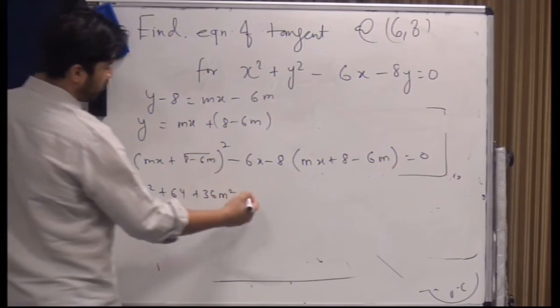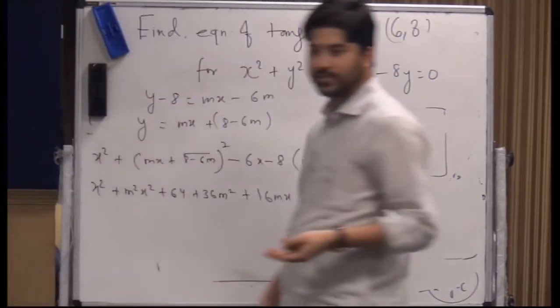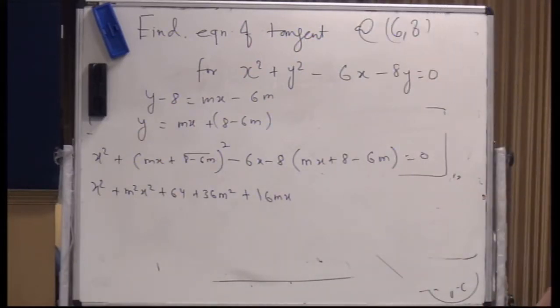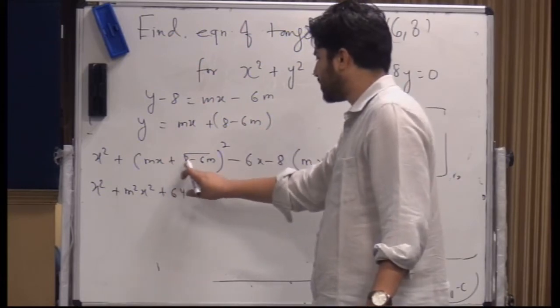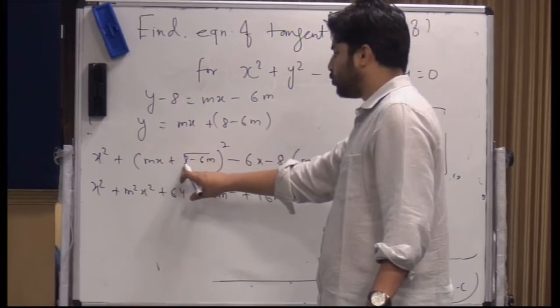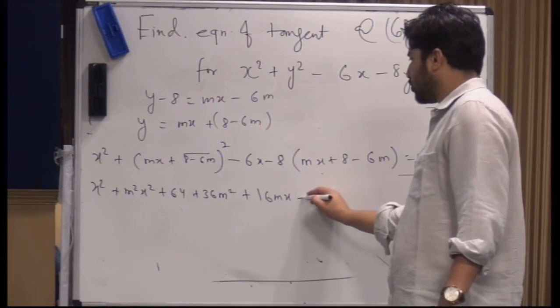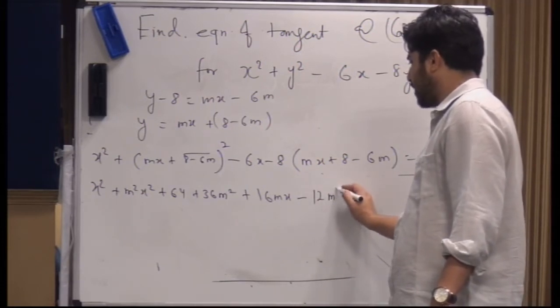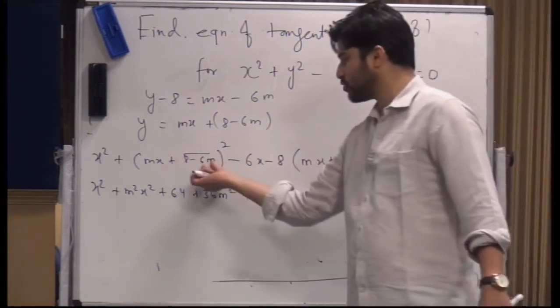And then you are going to get 16mx from 2ab. (x plus y plus z) whole square is x square plus y square plus z square plus 2xy plus 2yz plus 2zx. So now I can say this is m square x square, this is 8 square, this is 6 square, right? Then I write 2ab, that makes it 16mx. Then I write 12 m square x, and the mx goes with minus 6m.